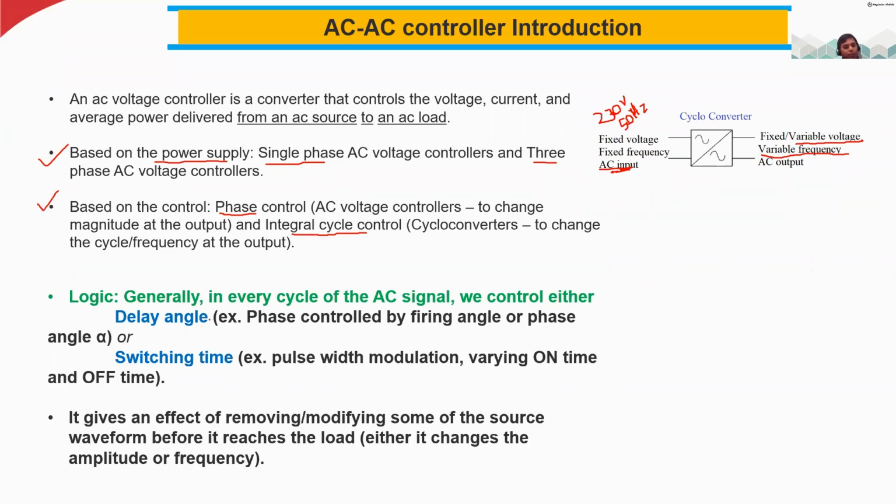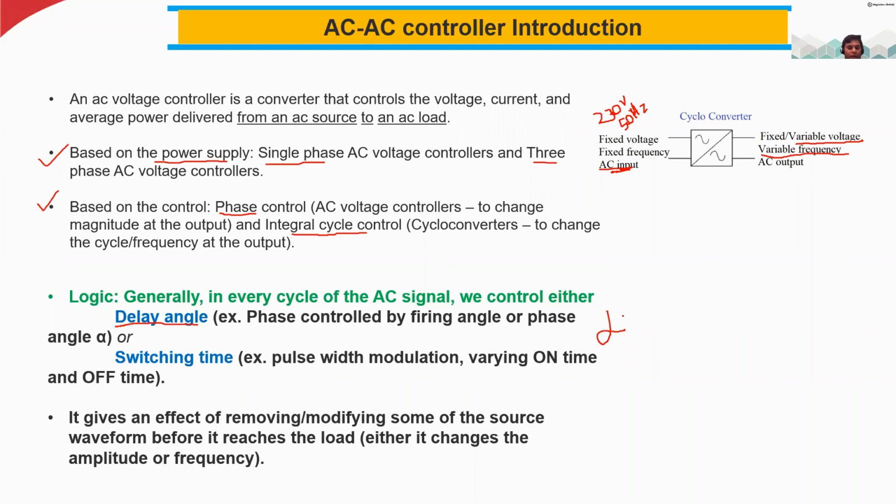And what is the logic behind these controllers? It's not a matter whether you are going to study single phase or three phase, or phase control or cycle control. You should know the logic. You have already studied DC to DC converters and rectifiers. So how do we control the voltage at the output? For example, we are changing the delay angle, alpha.